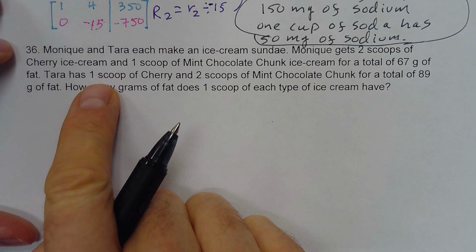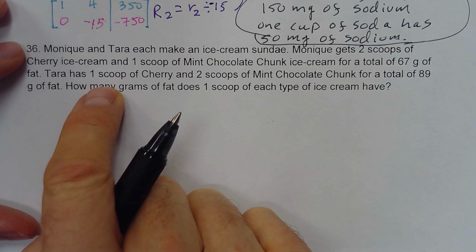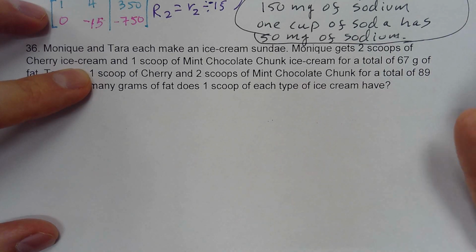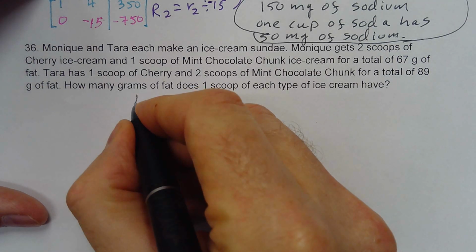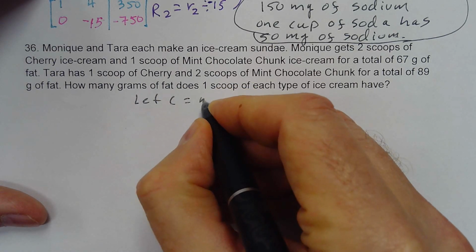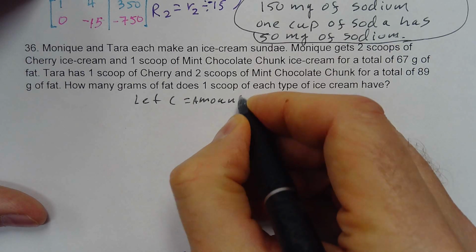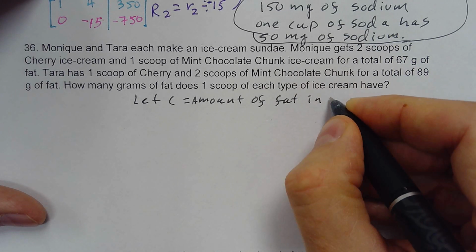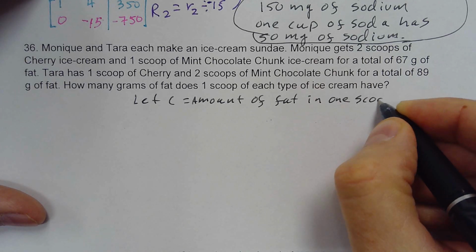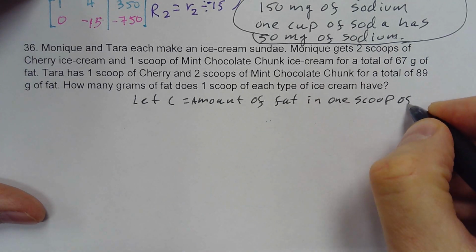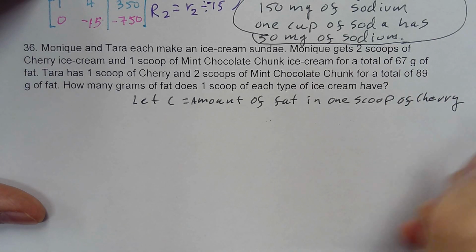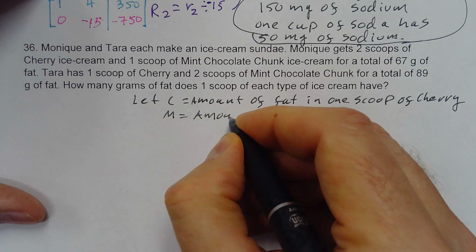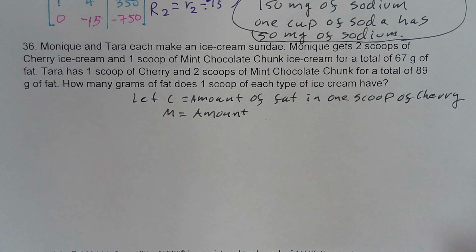So again, I'm noticing here is a 1, so I'm going to make that my first equation. We're going to let C be the amount of fat that the cherry ice cream has. And then M. I just like to keep this in alphabetical order, but also give some meaning to the variables so that I can remember which one was which at the end.